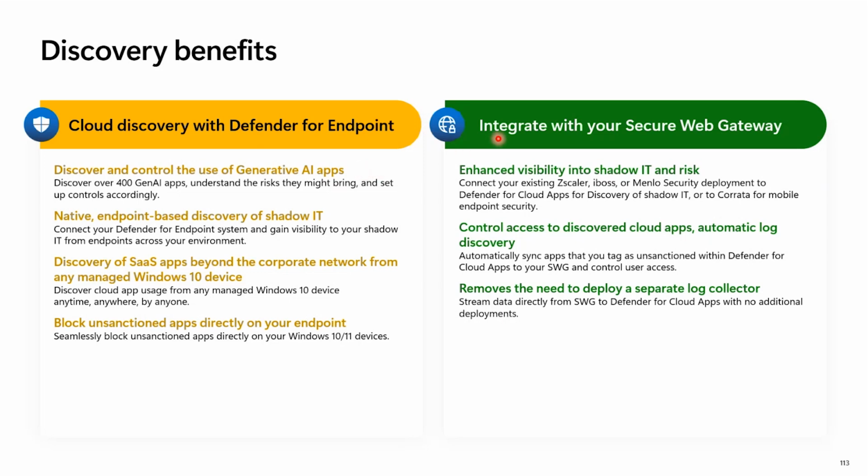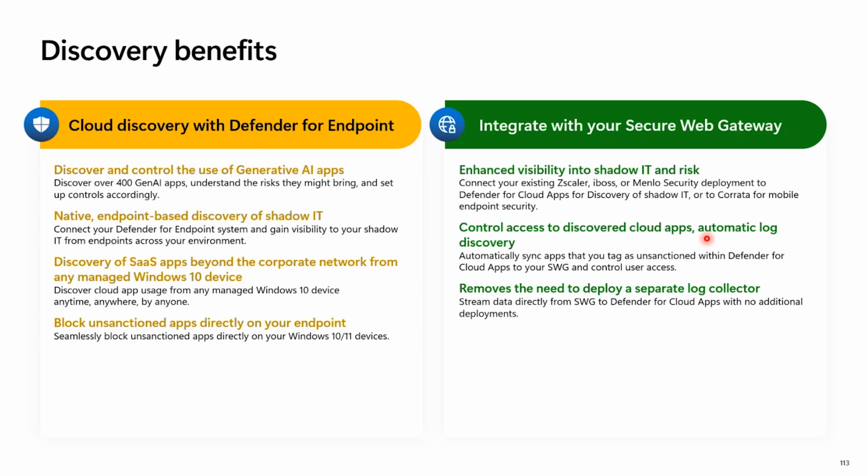And here we're talking about integrating with your secure web gateway. So what we can do as well, let's say that you have on-prem people and you're not using Defender for Endpoint, what you could do is link your firewall to Defender for Cloud Apps. And what would happen in that case is those logs, this would be the automatic log discovery feature.